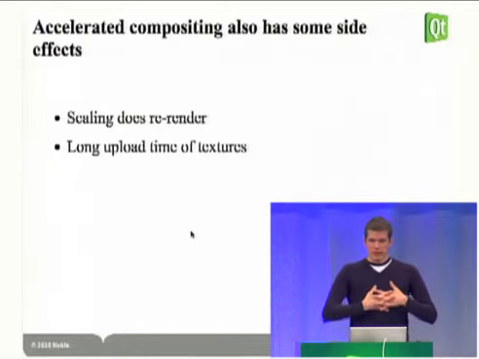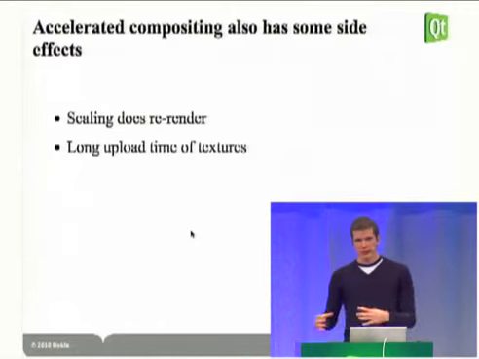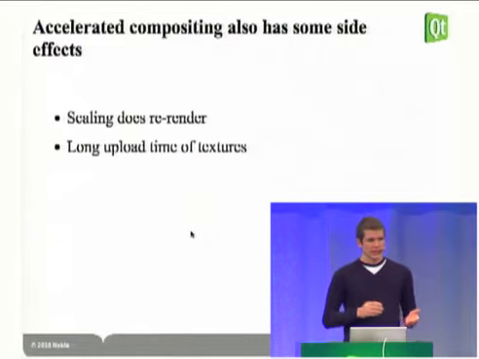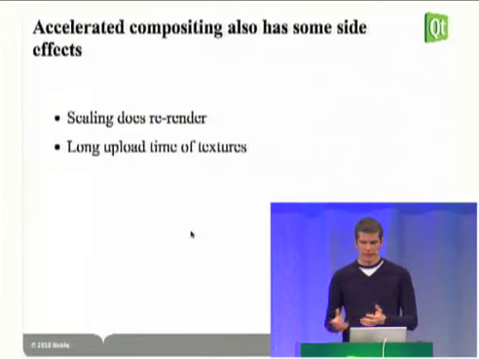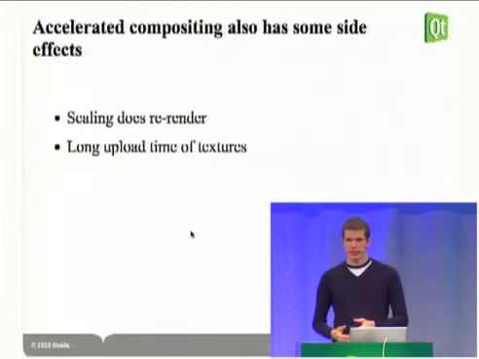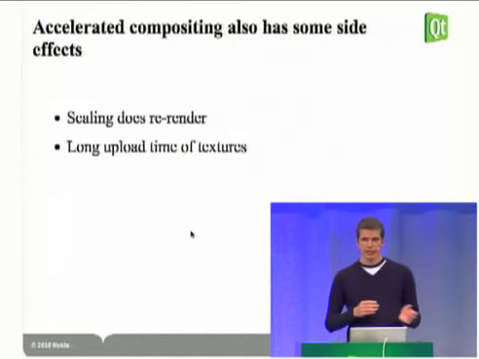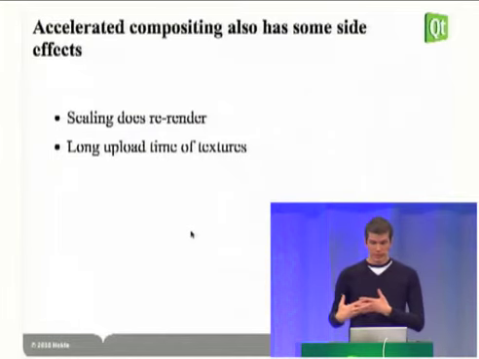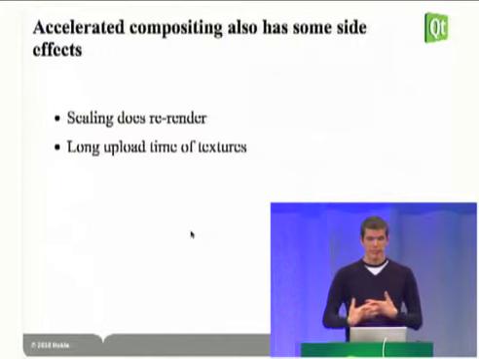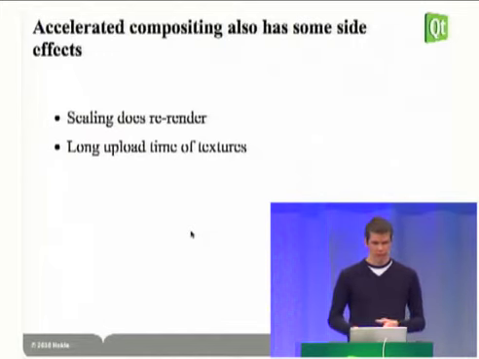You have long upload time for this part of the screen to the GPU, and you can see that at the beginning of animations. It might take like 20, 30 milliseconds before the animation starts. It's the time uploading, and the UI is blocked for those 30 milliseconds. That's the time to upload the texture on the GPU. If you have the problem, you can sometimes avoid it by forcing accelerated compositing before the animation. That's an issue on mobile.